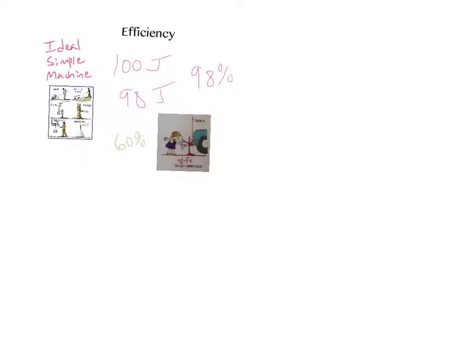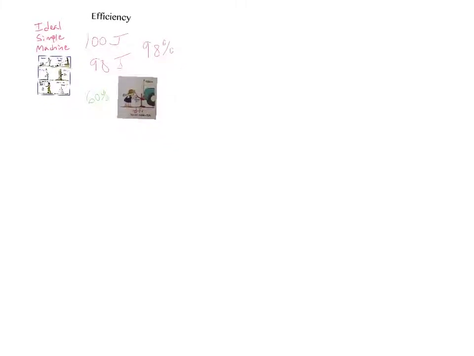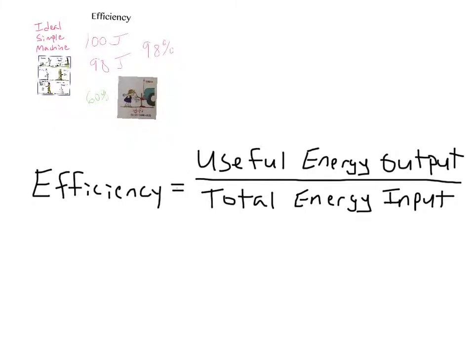The lower the efficiency of a machine, the greater the percentage of energy that's degraded to thermal energy. So inefficiency exists whenever energy in the world around us is transformed from one form to another. Efficiency then can be expressed by the ratio of the useful energy output over the total energy input.